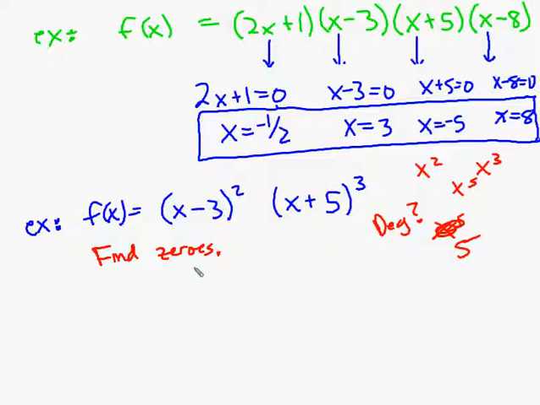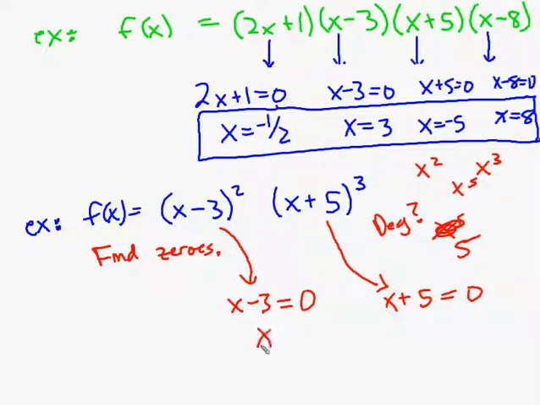Okay, so we're finding the zeros. So that means x - 3 is going to equal what? 0. And x + 5 is going to equal 0. So I get x equals 3, and then x equals negative 5. But there's one more thing I need to account for, so that's this squared, and that's this 3.